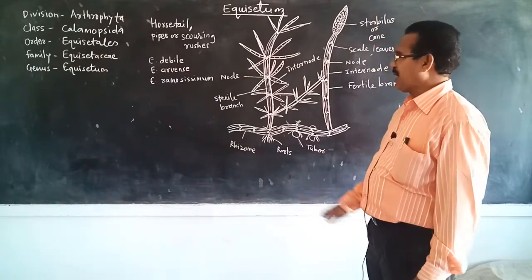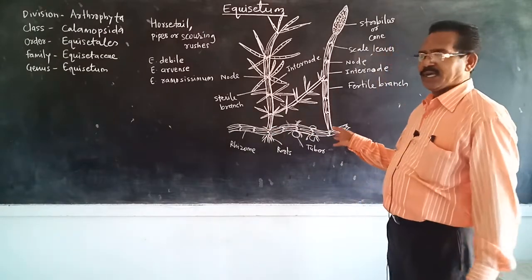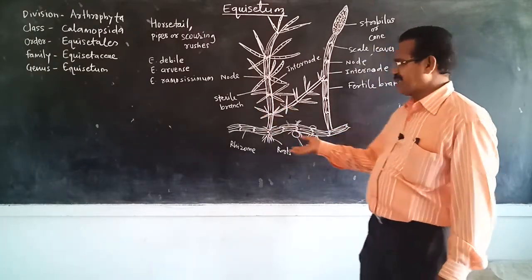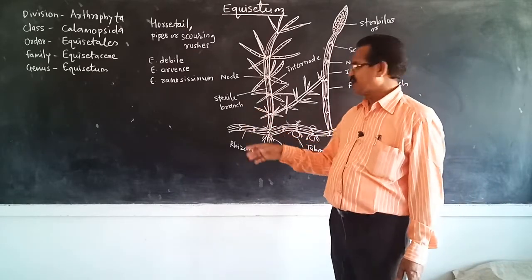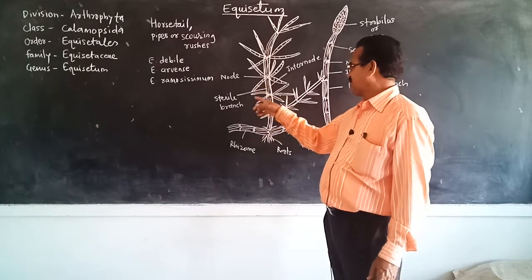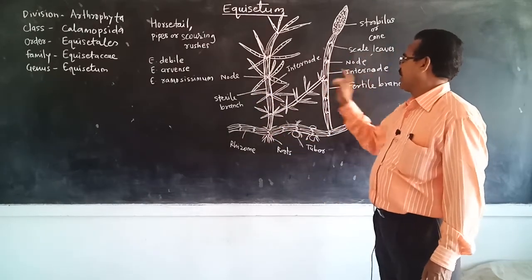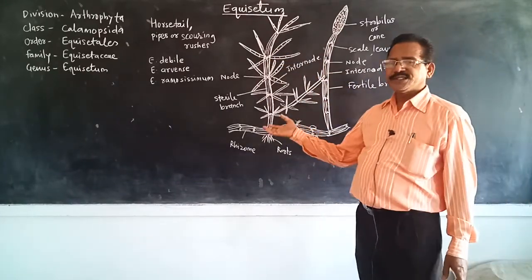The underground stem, which grows horizontally along the soil surface, is called the rhizome. The plant body consists of rhizome, aerial shoot, roots and leaves, and these are the branches. The underground part is called the rhizome.